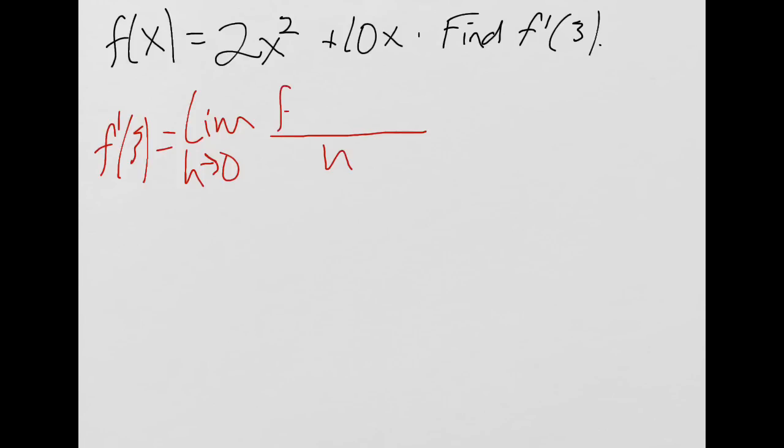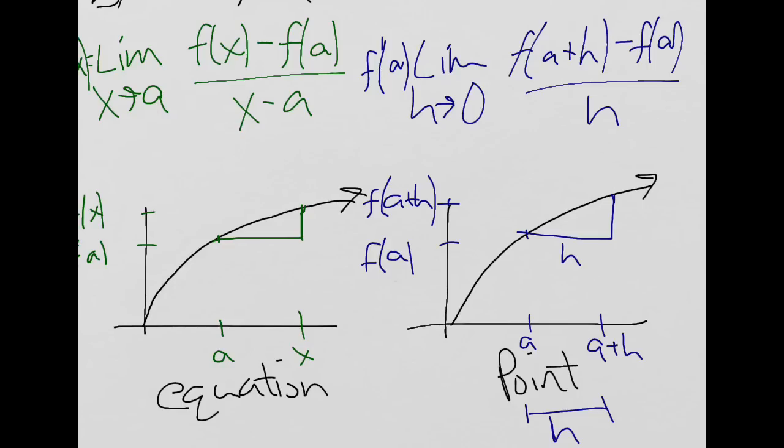And then I have f of my value, 3, plus h minus f of 3. You should see, I'll flip back, that's the same form. My a value is the 3. And then I've got the h, and then minus the f of a.